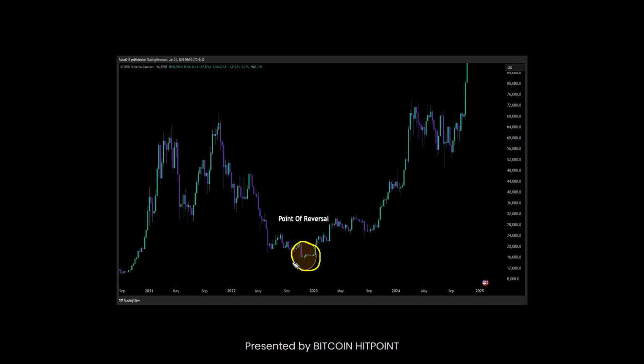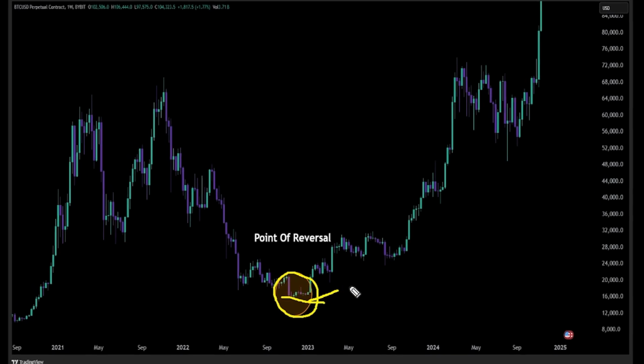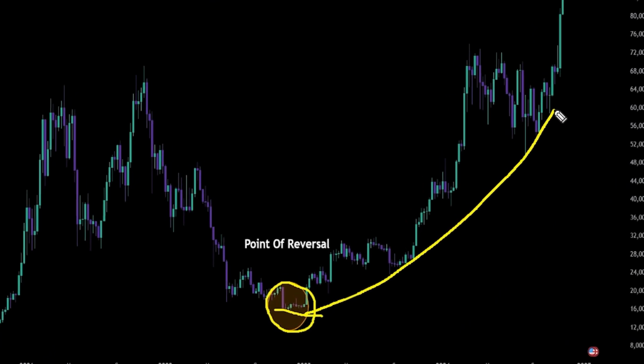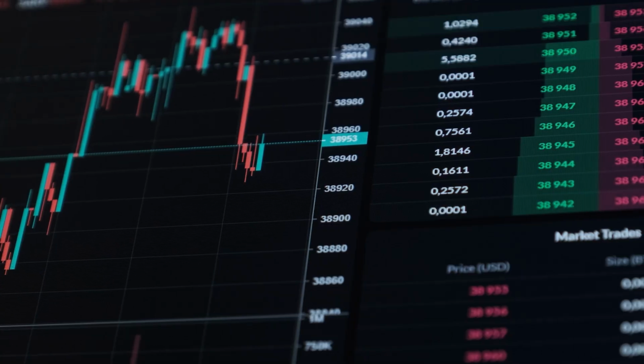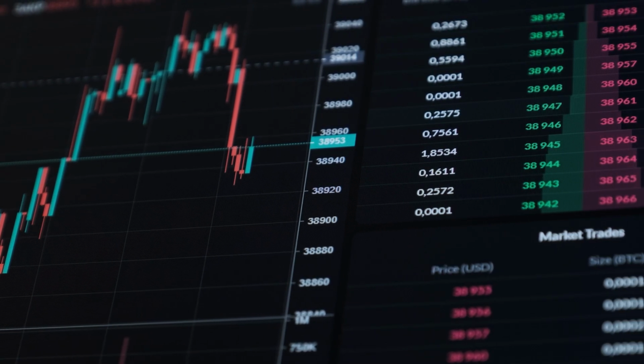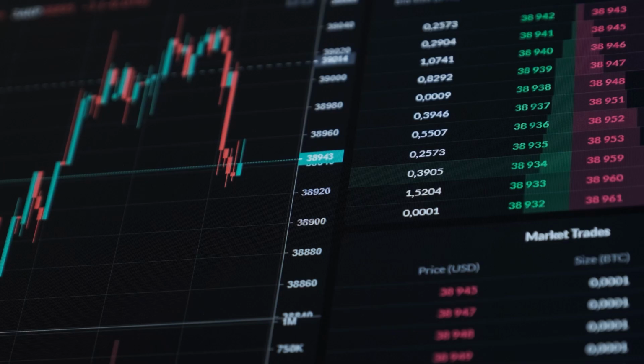If you could have witnessed this on your chart, you could have taken a trade right at this level, and then you could have just ridden with the market to the upside, right? So that is very much possible. But to make that possible, you need to understand how price action works, how a chart develops. So that is what we'll be understanding as well.